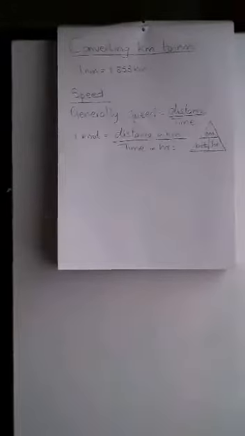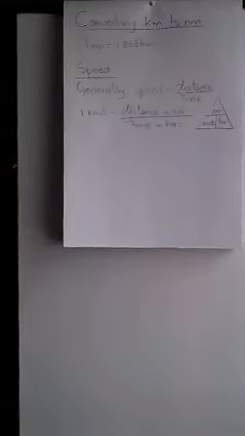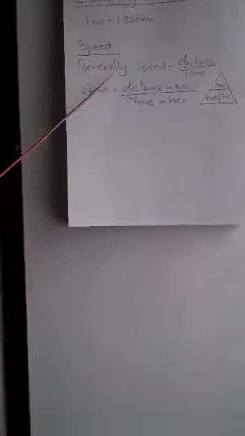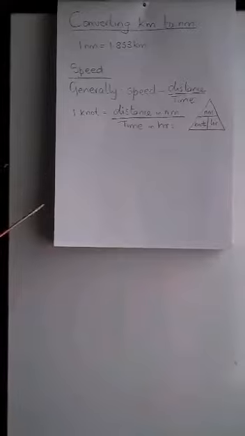All right. The next part is speed. The formula for speed is distance over time. But when the distance is in nautical miles and the time is in hours, then we have a unit called the knot.